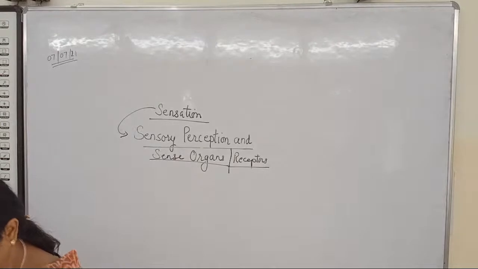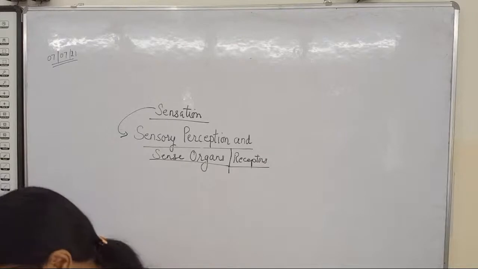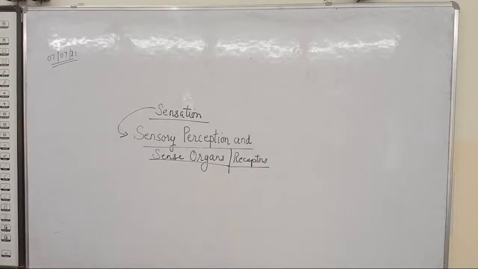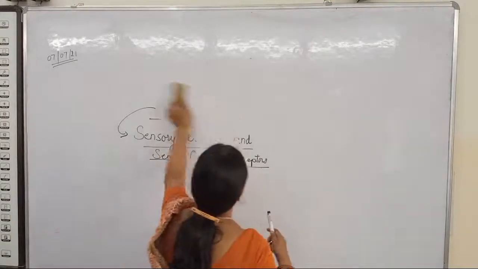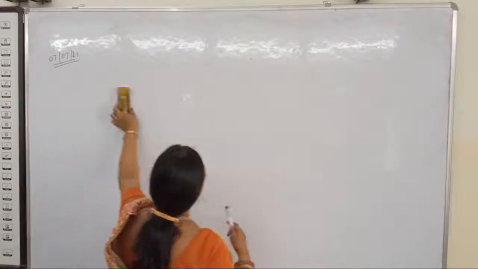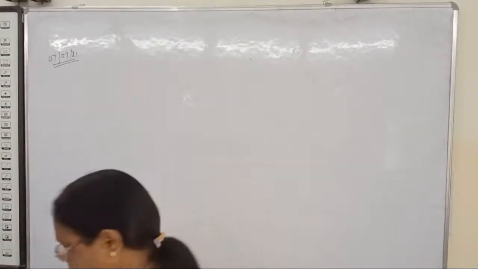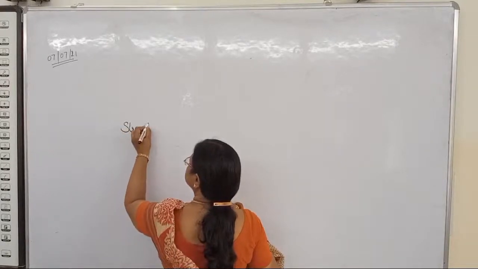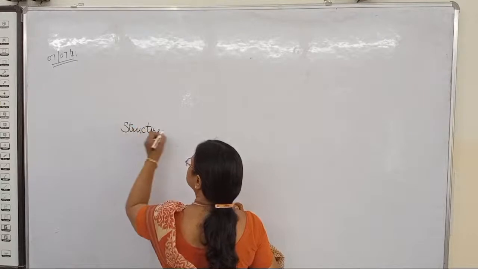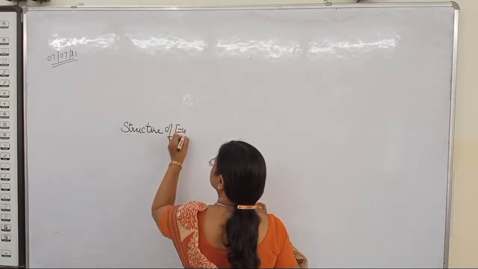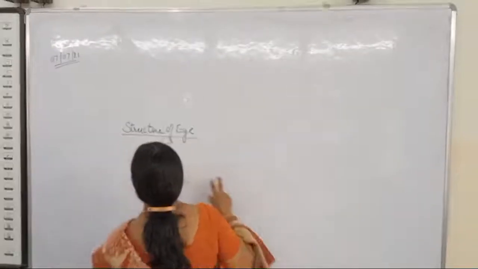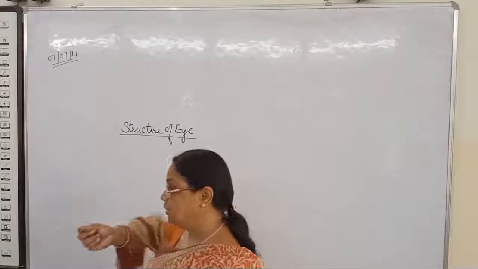So first of all we will discuss the eye. The eye is very important. Let us see and discuss first the structure of the eye. Where are the eyes located?